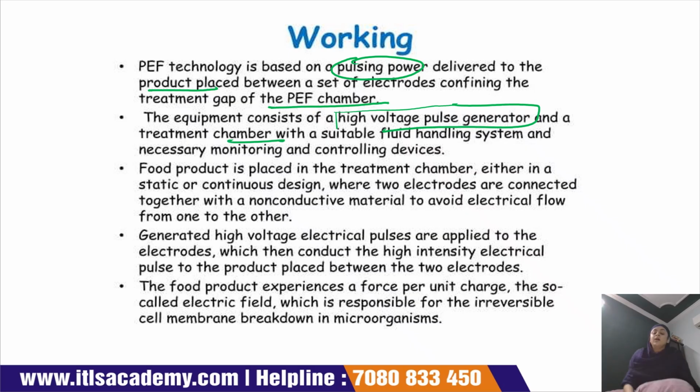When we apply this pulse electric treatment to the food product, the equipment contains a high voltage pulse generator, along with a treatment chamber, a suitable fluid handling system, and necessary monitoring and controlling devices. We will see that equipment in our next slides.